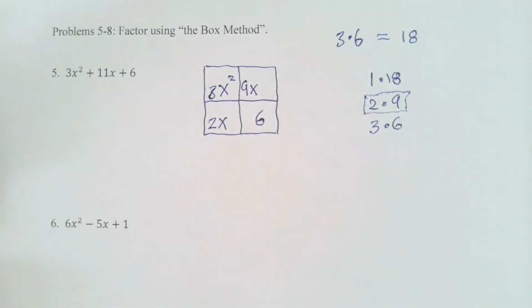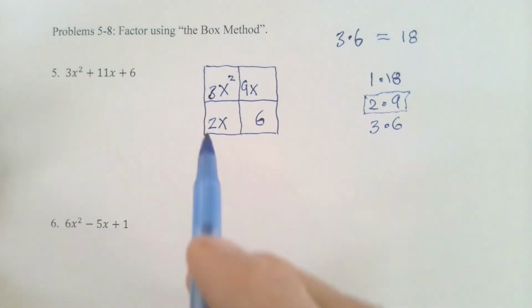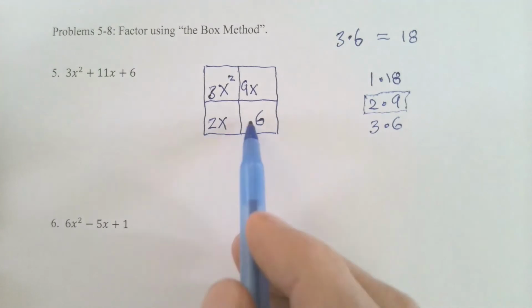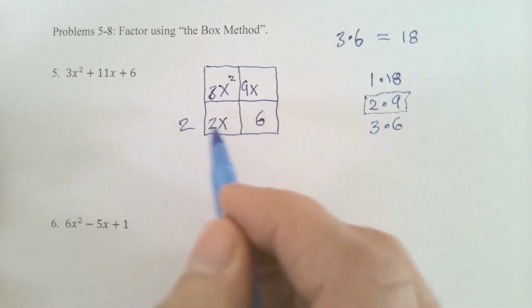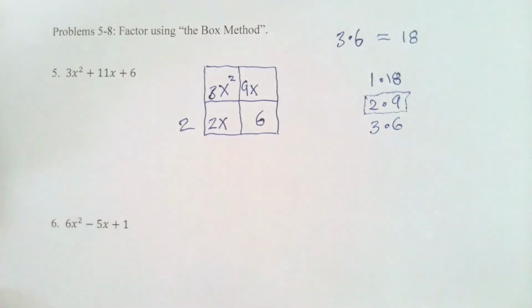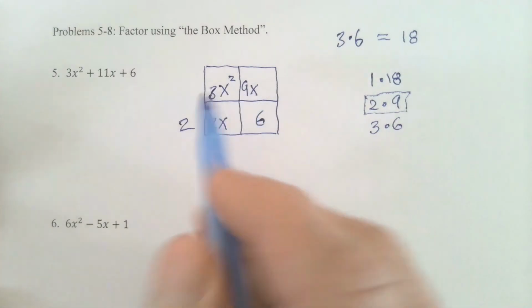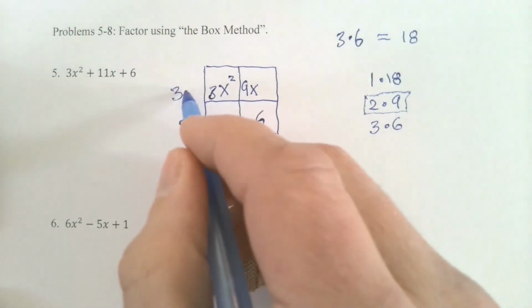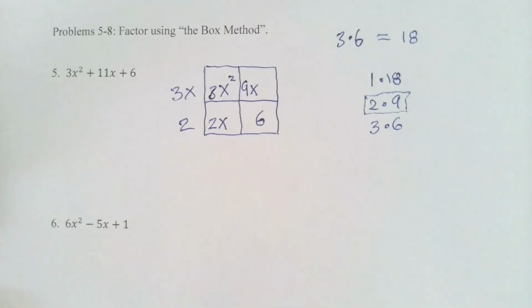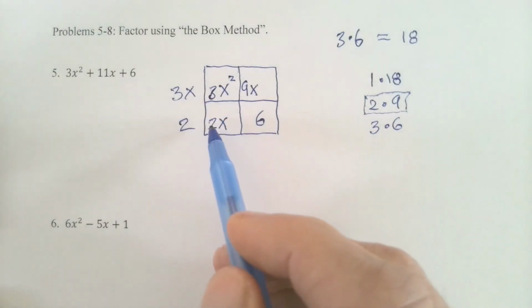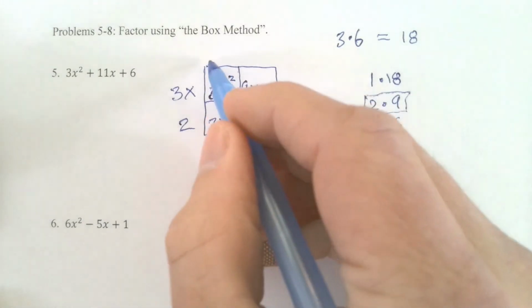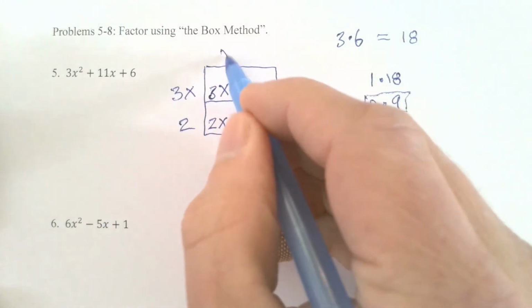Okay, almost done. Now we have to find the greatest common factor in this row and write it here. These both divide by 2. They don't both have an x factor, so I won't bring an x out. These both divide by 3. They do both have at least one factor of x, so bring out an x. Now, 3 and 2 are relatively prime. You can't really divide those by anything except a 1. Put a 1 up here if you want, or just put an x.